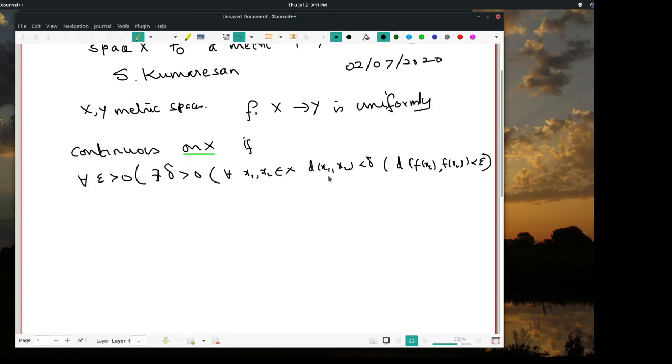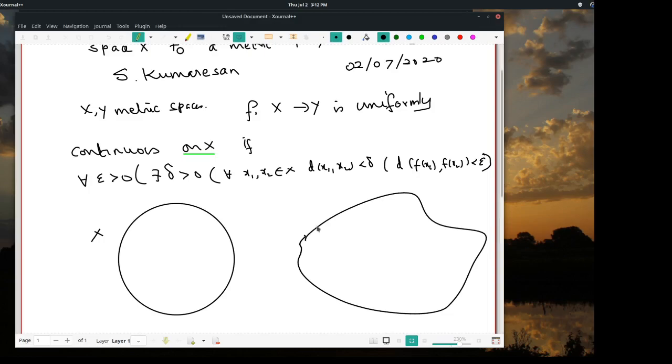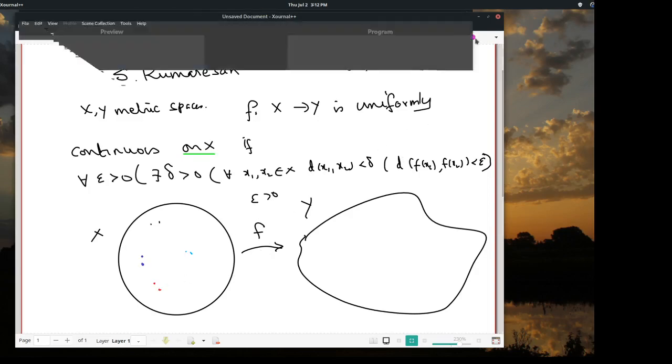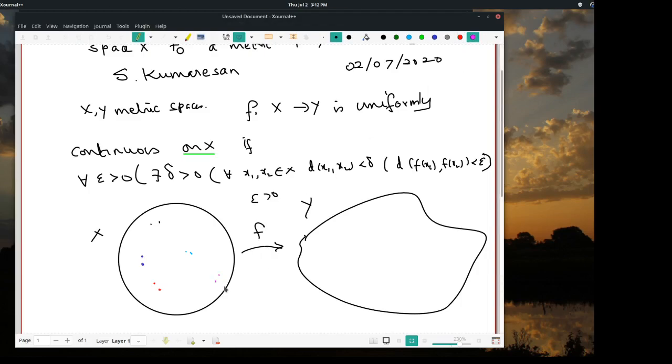Just before going further, let's try to understand this definition. What does it say? I have X here, I have another space Y. Suppose you give me an epsilon positive, then no matter where I take points x1, x2, they may be here, or here, or here.